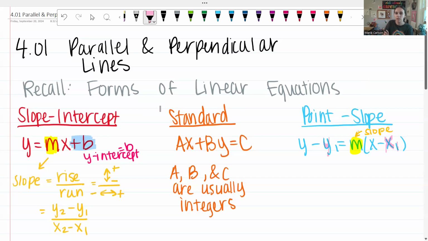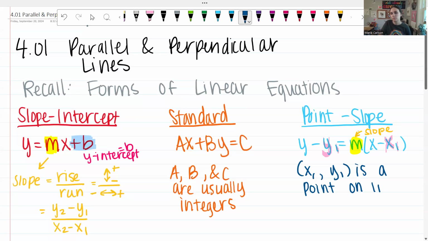Those negatives are not included. You subtract your y1 from y and you subtract your x1 from x. So in this form, x1 comma y1 is a point on the line. All right.